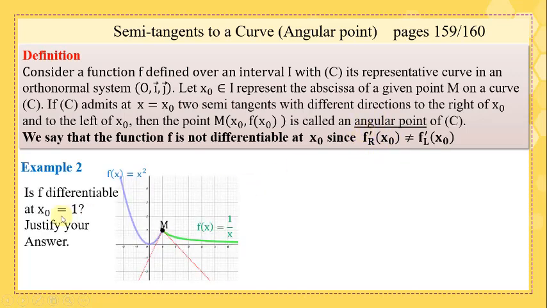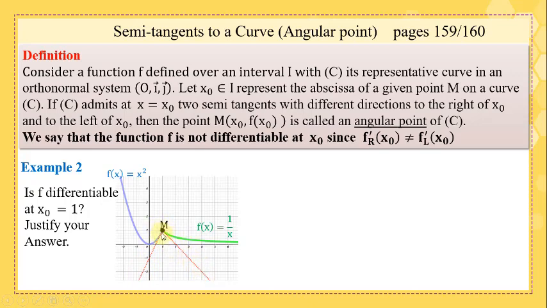Example. Look here at this graph. We have a piecewise function: f of x equal x squared, and later f of x equal 1 over x. Is f differentiable at x0 equal 1? Justify your answer. As you notice here graphically, at point x equal 1, to the left of point 1, 1 minus, we have this semitangent, while at the right of point 1, 1 plus, here we have this semitangent.